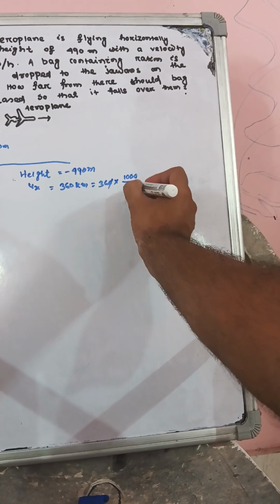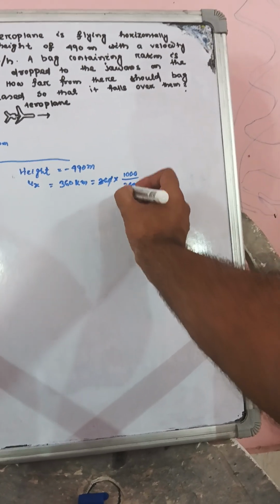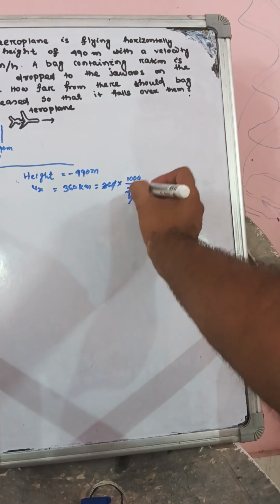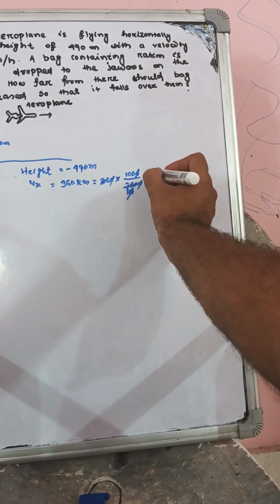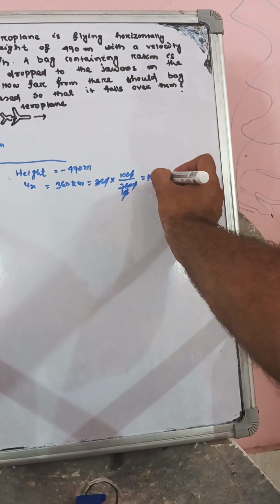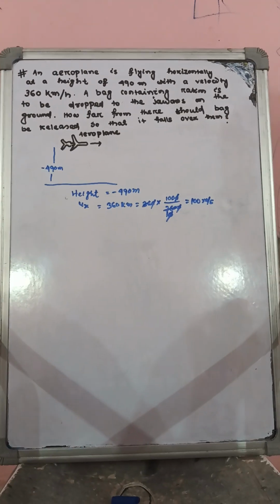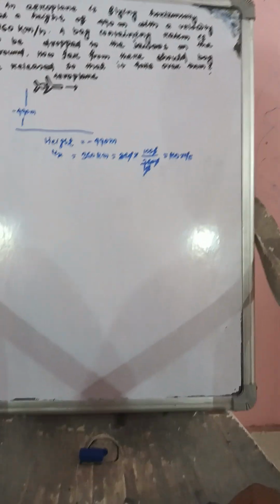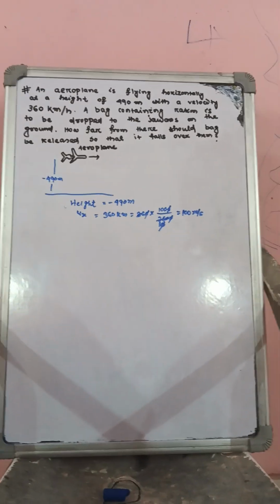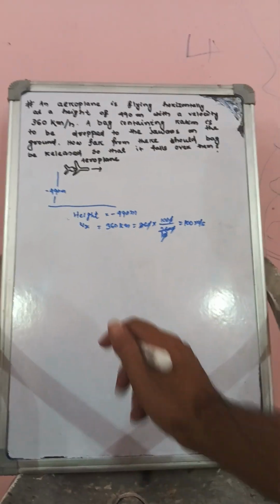This will cancel, 36 10s are 360, okay, 100 meter per second. Clear? 100 meter per second.